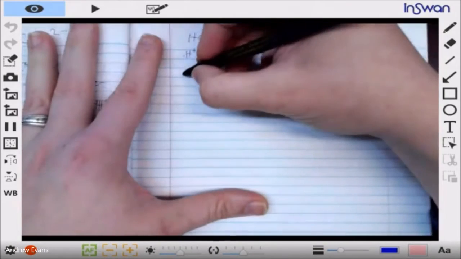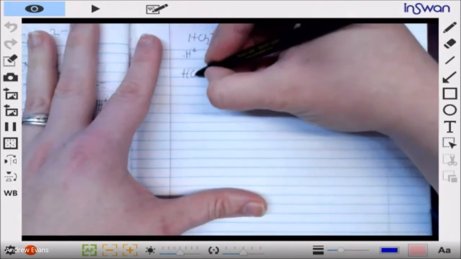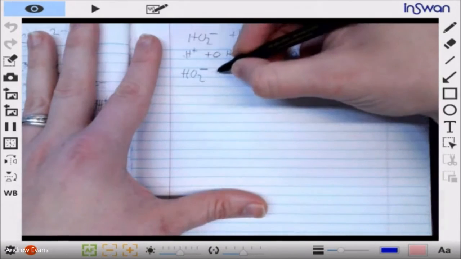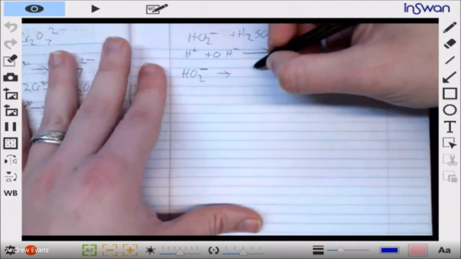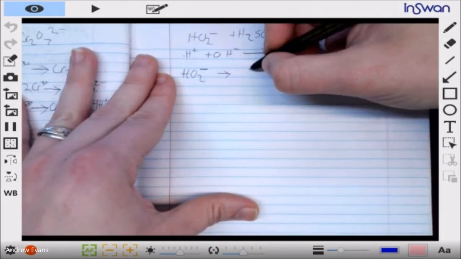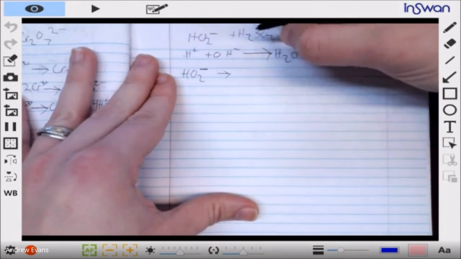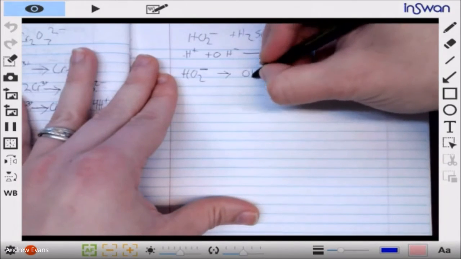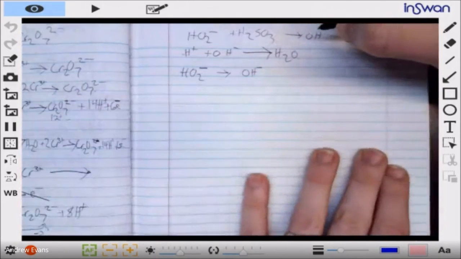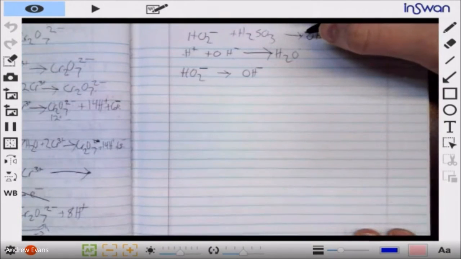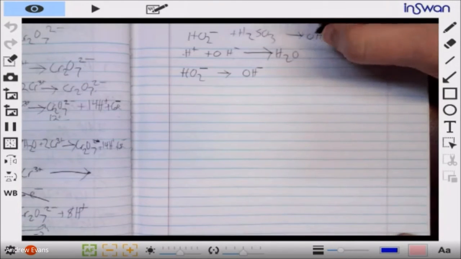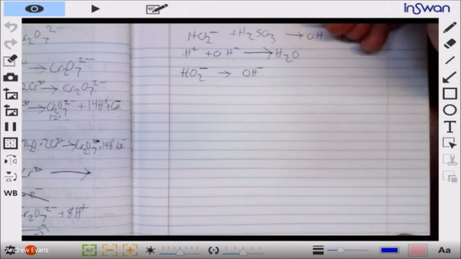So let's separate this. HO2 1 minus, I'm trying to remember what that is. It's not hydrogen peroxide in itself because it's a peroxide anion of some sort.